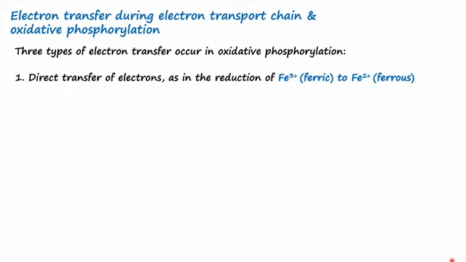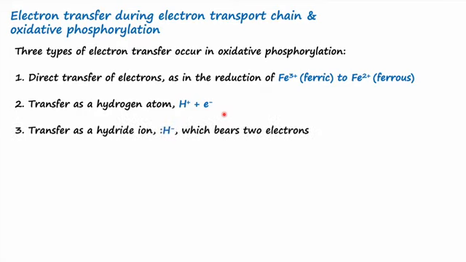When the electrons are passed on to ferric ion, it is reduced to ferrous ion. Electrons can also be transferred as a hydrogen atom, that is, one hydrogen atom, 1 proton and 1 electron, and it can also be transferred as a hydride ion, which bears 2 electrons. This is something I thought it is important to know.